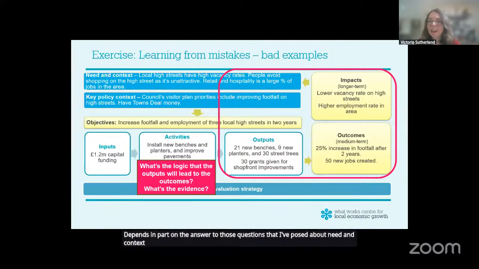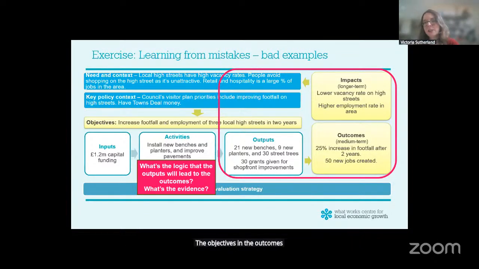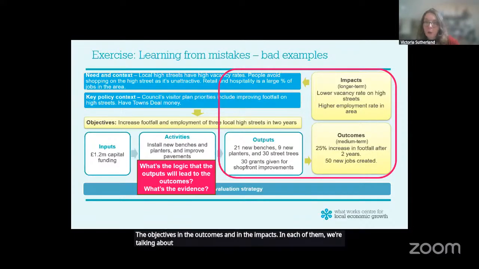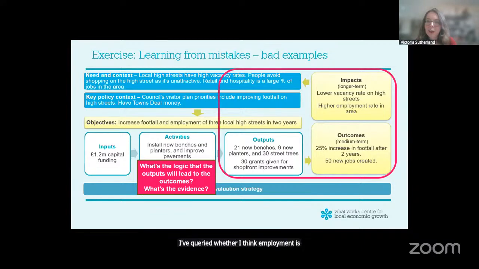So in particular, there's the objectives, the outcomes, and the impacts. In each of them, we're talking about employment at some point. I've queried whether I think employment is really the big issue.